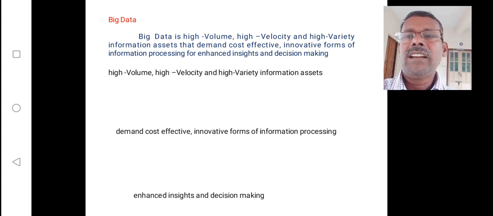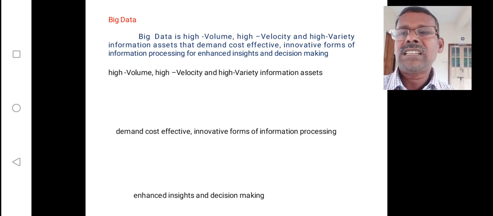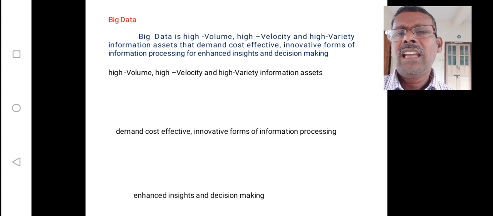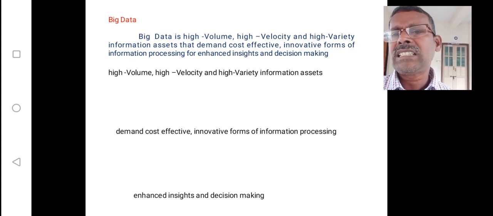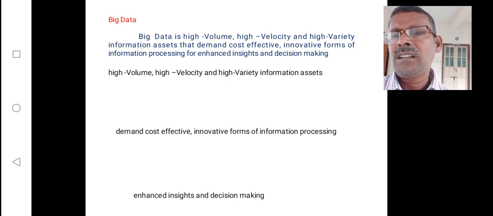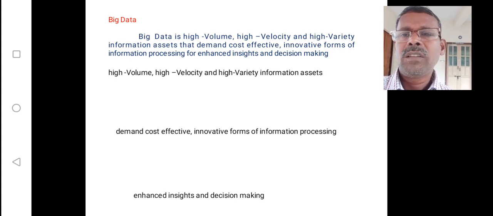With this idea, come to understand the definition of big data. Big data is high volume, high velocity and high variety information assets that demand cost effective, innovative forms of information processing for enhanced insights and decision making. This is the complete definition of big data.